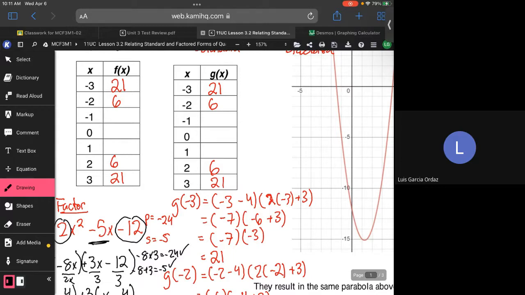Let's see what everyone else gets. We got 2 people who said negative 5. So again, all you're doing is plugging in negative 1 for x and getting your y value.